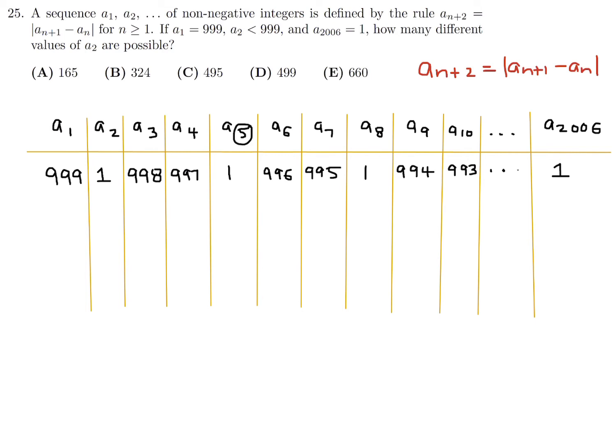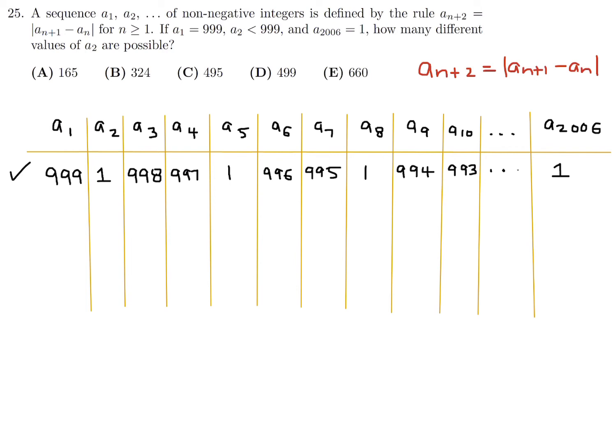For example, A5, 5 plus 1 is 6, and 6 is a multiple of 3. A8, 8 plus 1 is 9, and 9 is a multiple of 3. So if 2006 plus 1 is a multiple of 3, this will work. And it is. So this checks out.